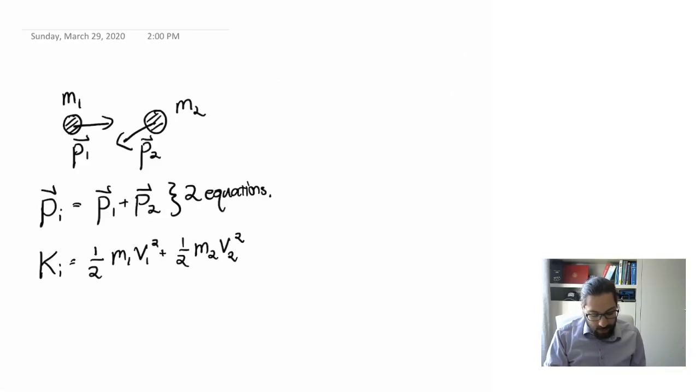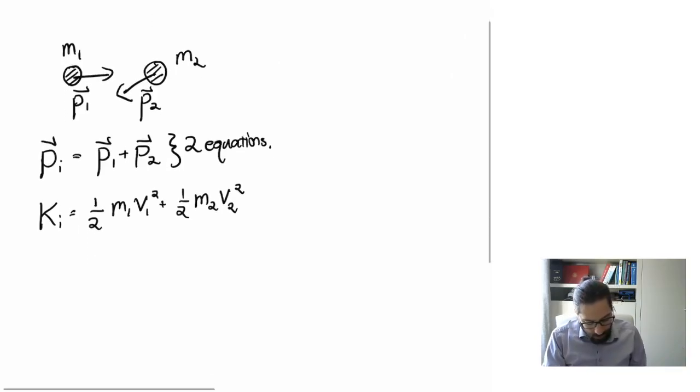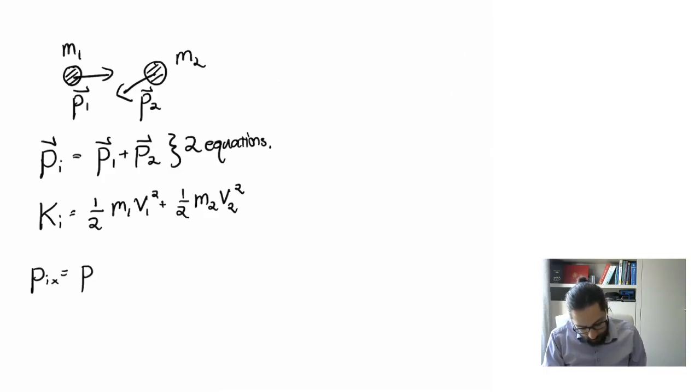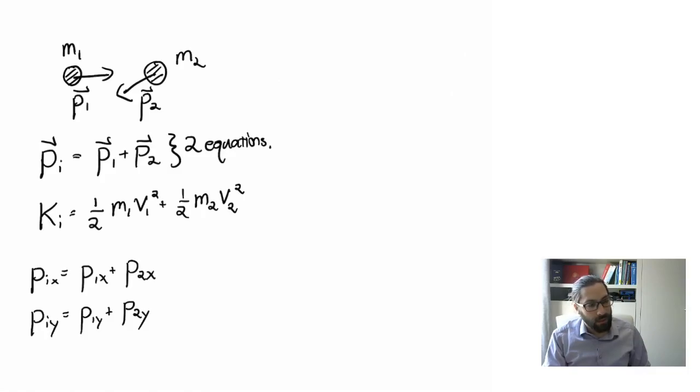Okay? So when I say that this is two equations, what I mean is the initial momentum in x is, and the initial momentum in y. Okay? So in this particular situation, I have three equations, right? I know the initial kinetic energy, I know the initial momentum in the x direction, and I know the initial momentum in the y direction, right?